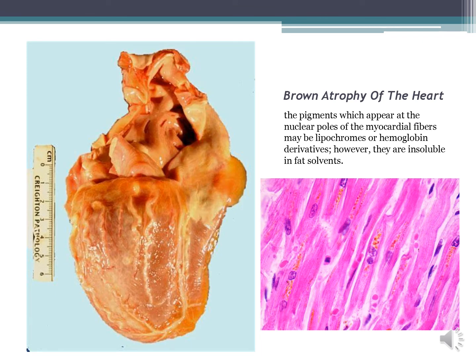Here is an example of the pathology which is accompanied by such pigment accumulation. On the left side of the picture, we see the heart with the features of brown atrophy. Look, the heart is smaller than normal. It has a yellowish color, and if you look at the vessels, they have a lot of curves.